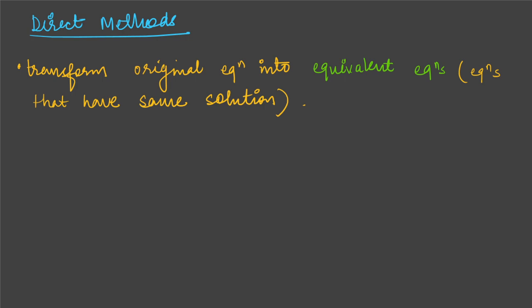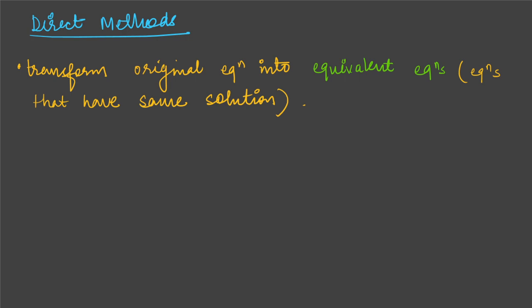Sometimes it's not easy to evaluate the solution with the help of the original equations, so we convert them into ones which are easy for us to evaluate. Equivalent equations have the same solution as the original equations. And now the question is, how do we transform our original equations to equivalent equations?